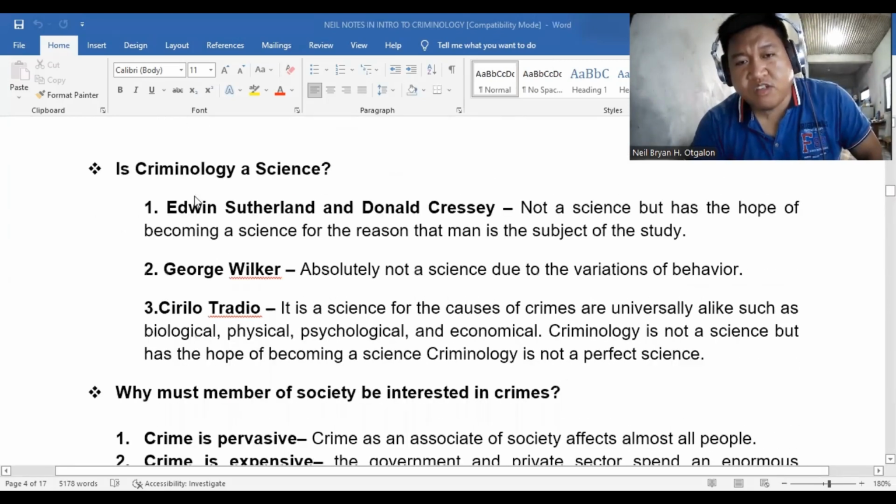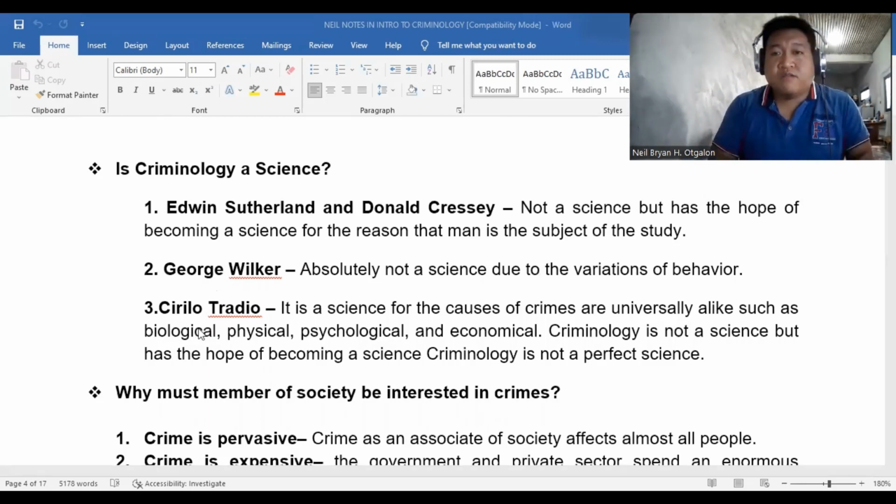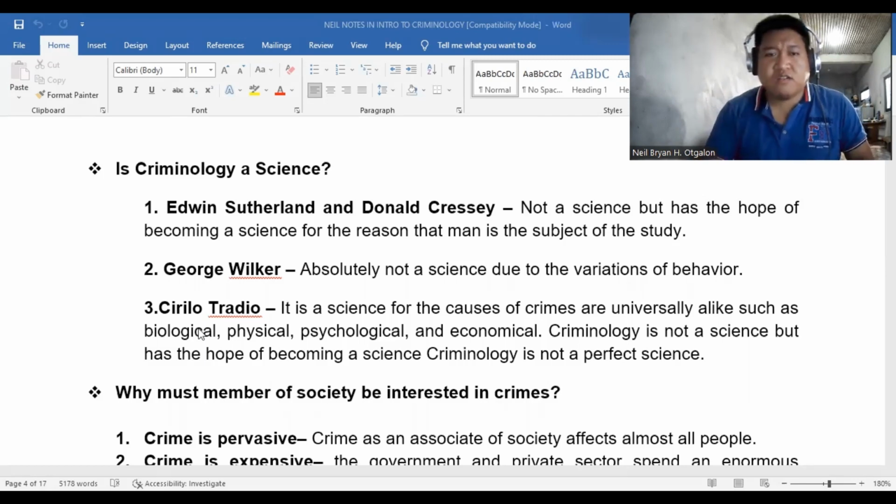Then, is criminology a science? According to these people, from the 17th century, 18th century, 19th century, 20th century, ngayon is 21st century na tayo. If they will ask you, do you consider criminology as a science?